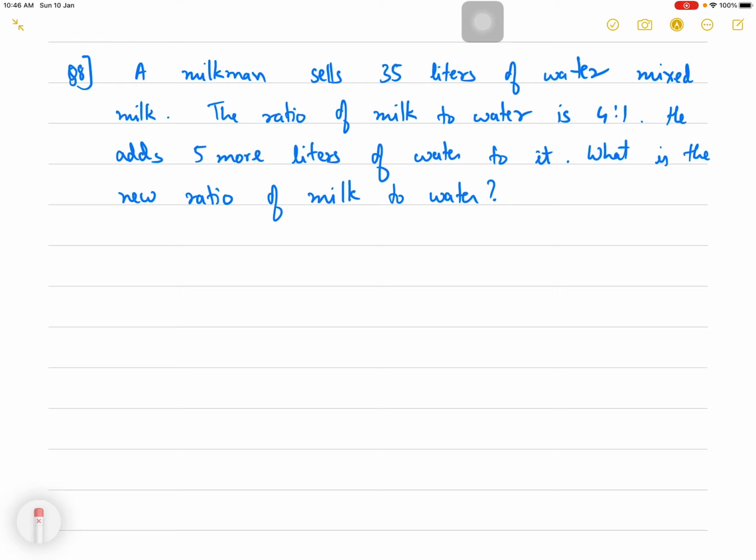A milkman sells 35 liters of water mixed milk. The ratio of milk to water is 4:1. He adds 5 more liters of water to it. What is the new ratio of milk to water?